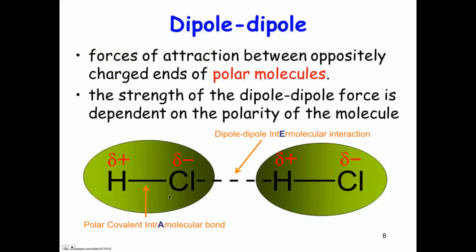So remember chlorine, if you look at the periodic table, it's further over to the right side, so it has a much more electronegative tendency versus hydrogen, which is on the left side. So when you look at the polar molecule, this is an intramolecular polar interaction, okay?